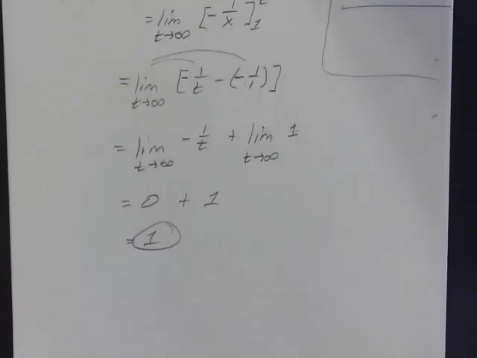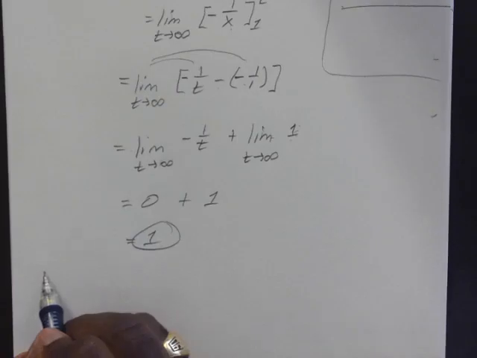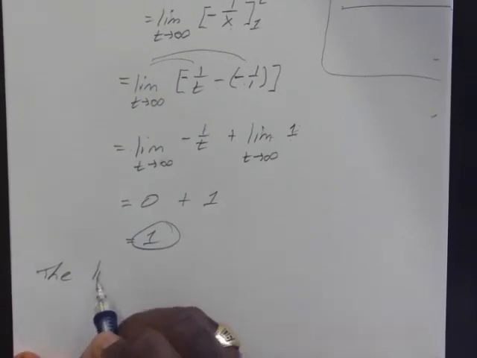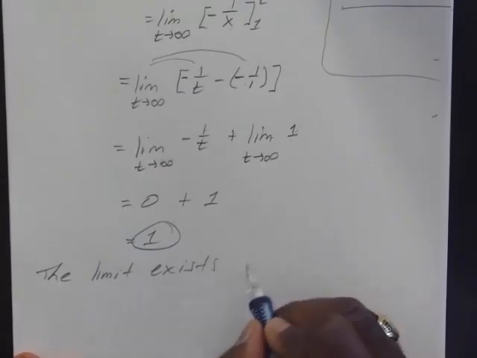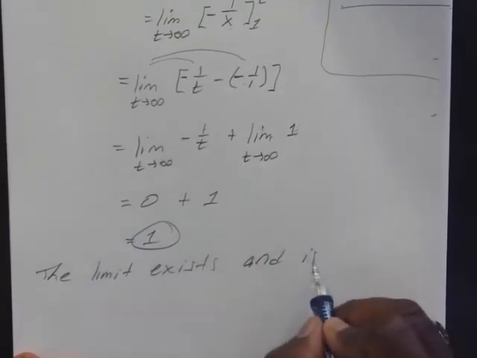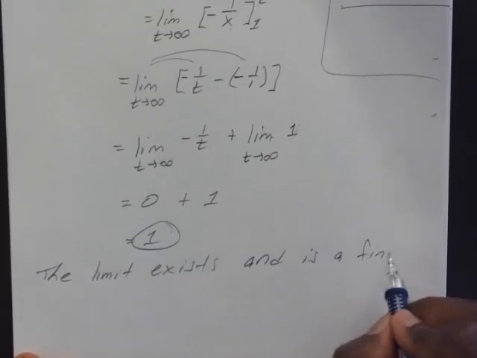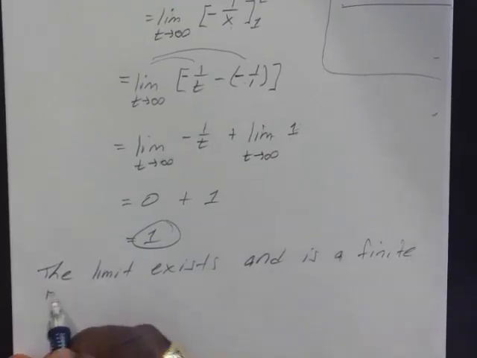Okay? So we know that the limit exists and that limit is a finite real number. So we know that this integral is convergent.